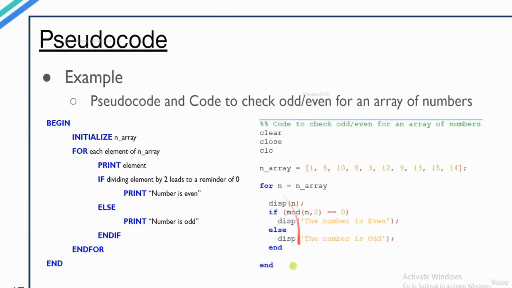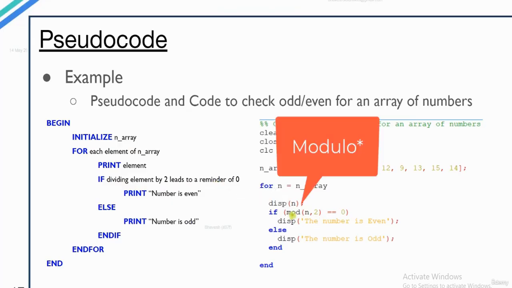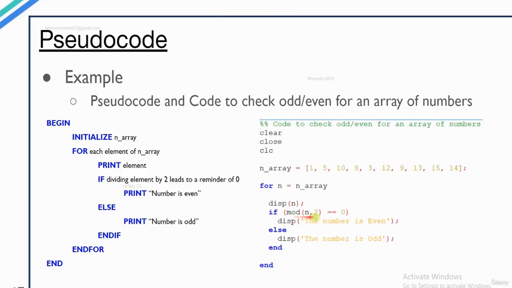At each iteration, we want to check if that number is divisible by 2, right? To do this, we use the modulus operator or the mod function in Matlab. This function returns the remainder of any division operation. So if I divide n, which is 1 in the first iteration, by 2, I'm going to get a remainder of 1.